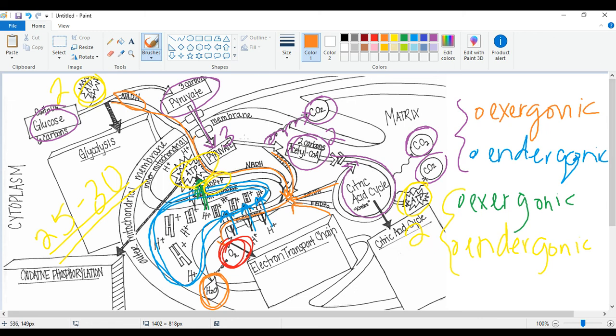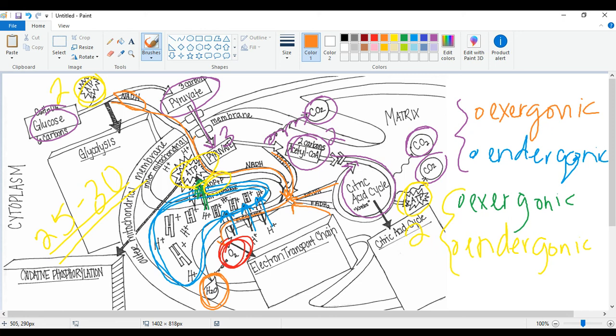Other things I've seen them like to mention or kind of throw at you is what would happen if this membrane was punctured or leaking. Well, remember that if the membrane is not able to help create this gradient, then the hydrogen ions would just flow back down along their gradient, and we wouldn't create this proton motive force.